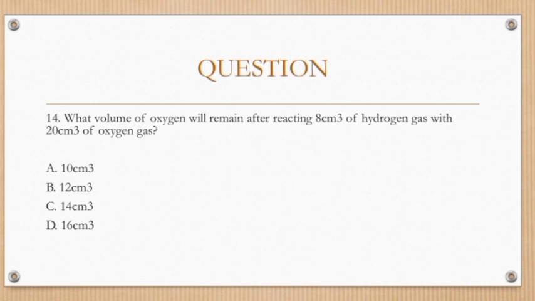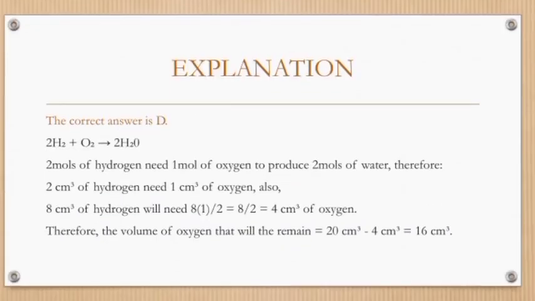Before you calculate, you can actually bring out a reaction between your hydrogen gas and your oxygen gas. So hydrogen reacting with oxygen will actually give you H2O. If you balance the equation, it will actually give you 2 moles of hydrogen and 1 mole of oxygen.